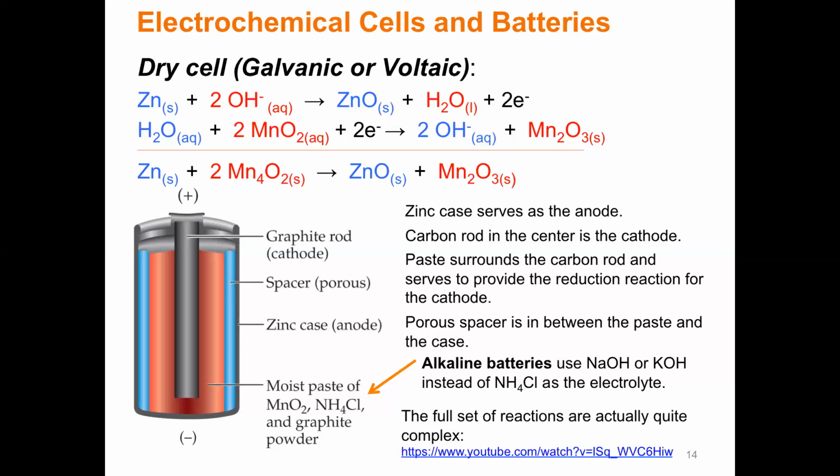Now, if you know anything about batteries, we know that there's another kind of cell you might have heard of, and that's an electrolytic cell. Now, an electrolytic cell uses energy input to force a reaction that isn't spontaneous. So it's basically powering the reverse reaction, all right?